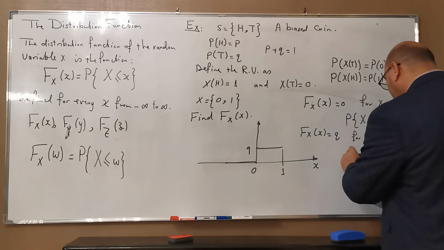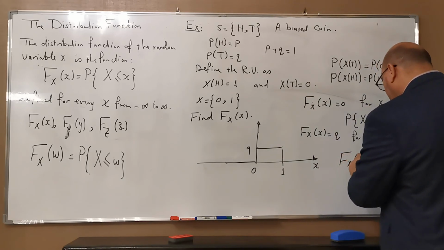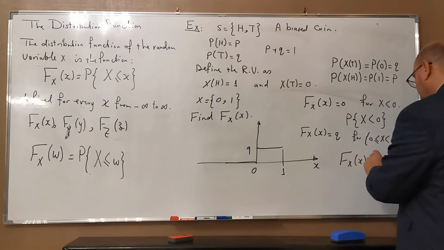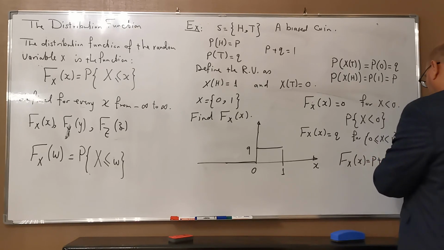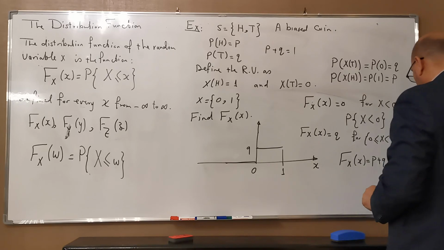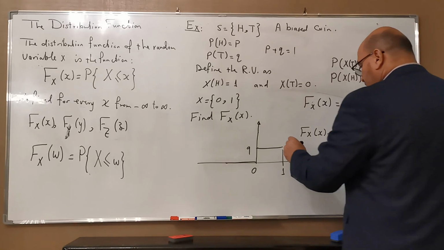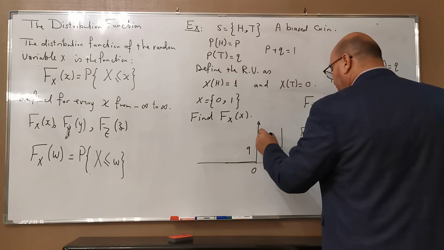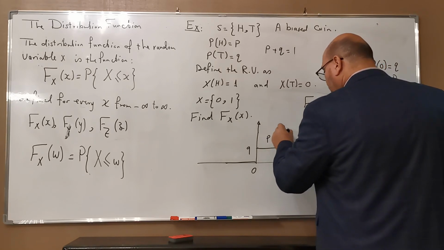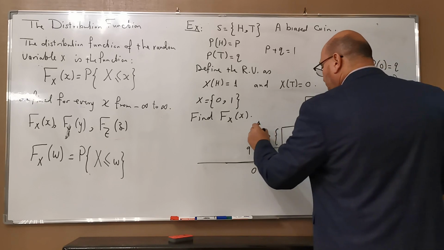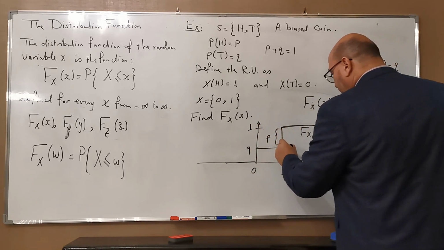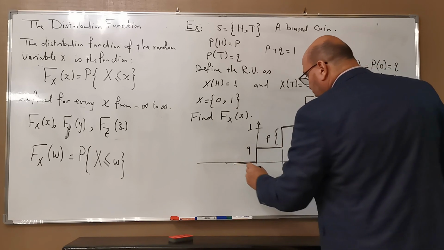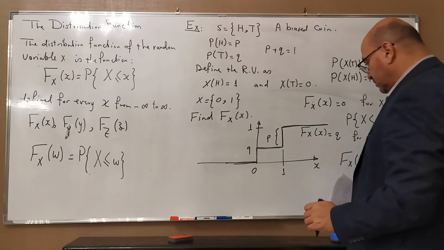At 1, fx of x equals p plus q for x greater than or equal to 1. So here you go up by p, so you have p plus q, and the answer here is 1. So you have this staircase function for the fx of x.